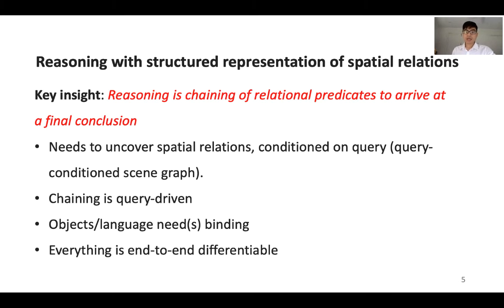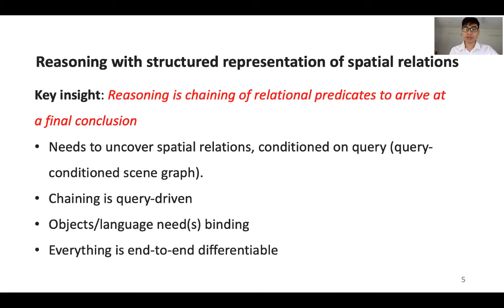With this kind of question, it's essential that a model understands the spatial relation in a certain context given by the question. So everything is conditioned on the query. I will explain more on this later.